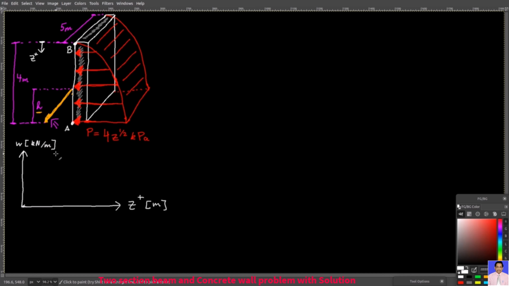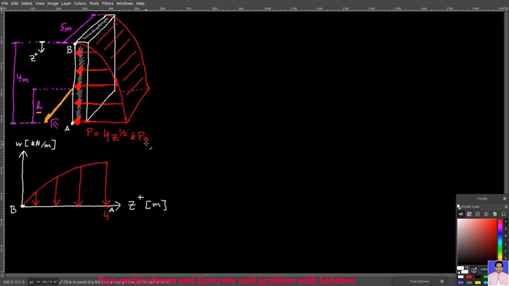My vertical axis will be the force distribution per unit length, so in kilonewtons over meter. And then I draw this distribution. Since the height of the wall was 4 meters, my final Z is also 4 meters. So this point here, this is your A, and then this origin, that's your B.